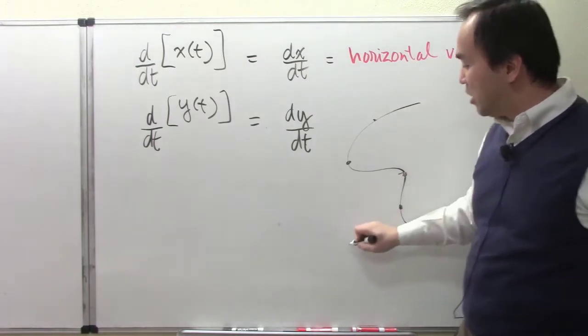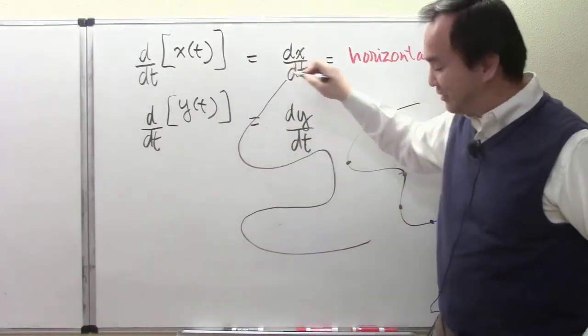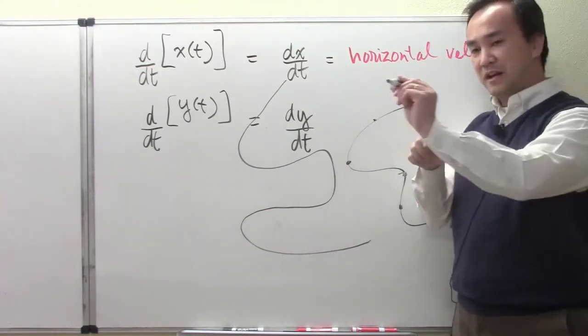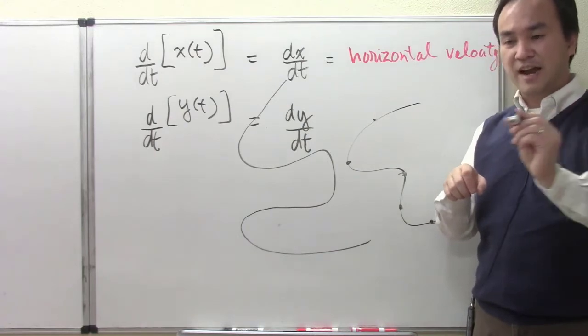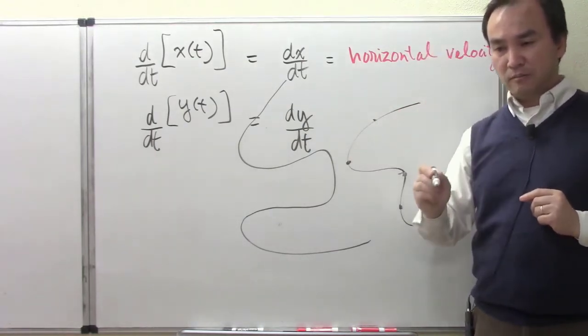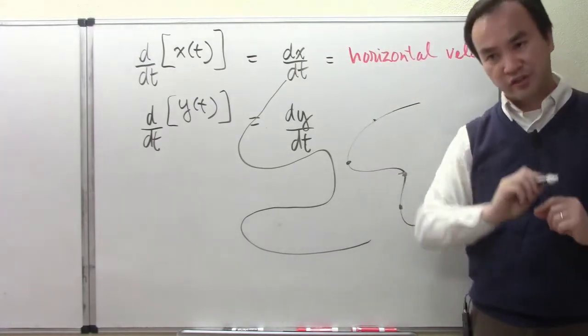So there's a vertical motion as well. Any particle moving, no matter how crazy the path is, has to have left and right and up and down motions together, and that's why we get all different kinds of directions coming out of that.